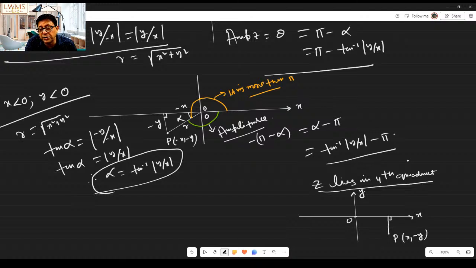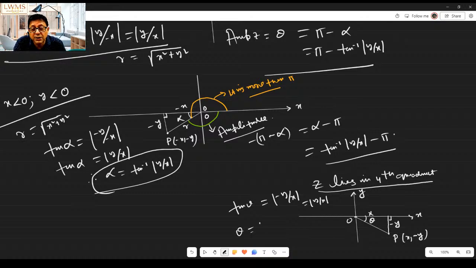If you join the origin to this point, then the argument is going to be this angle. Clear? This is theta. This is x and this is minus y. So tan theta will be what? Tan theta will be again mod of y by x. This acute angle you always find by using the mod sign. So tan theta is just y by x.